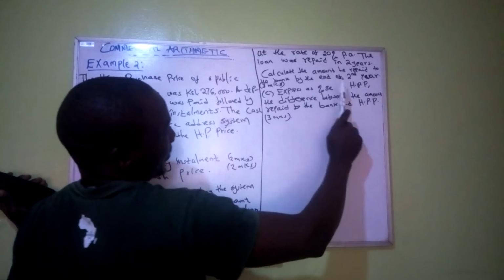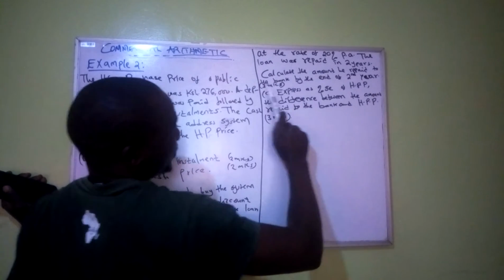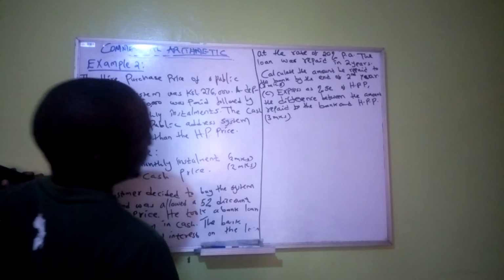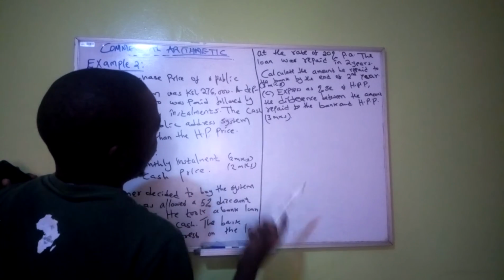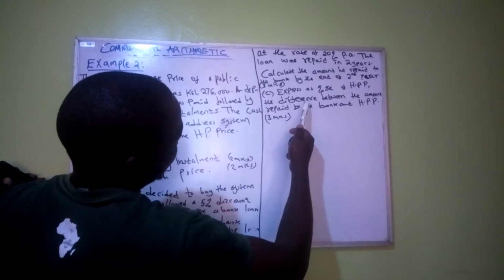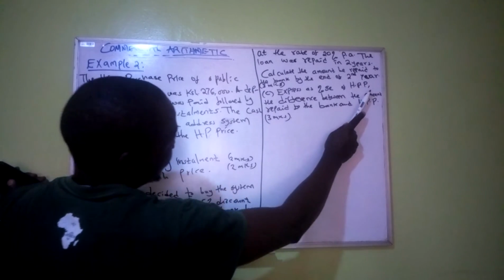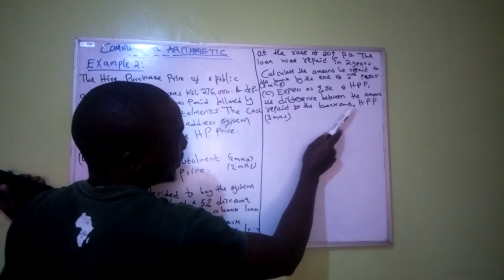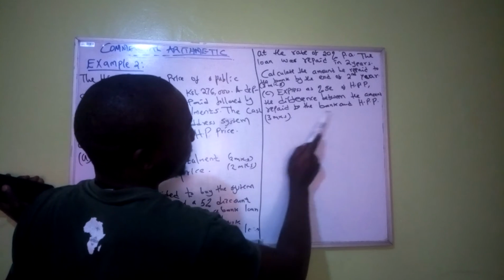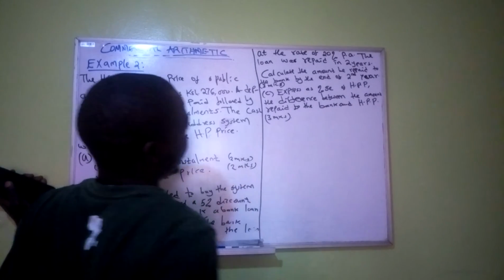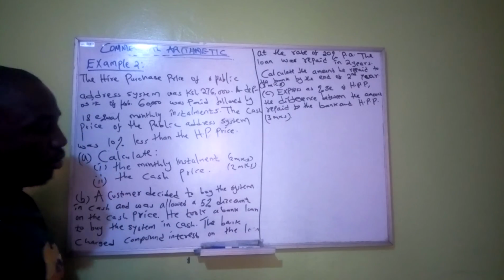Calculate the amount he repaid to the bank by the end of the second year. C. Express as a percentage of the hire purchase price the difference between the amount repaid to the bank and the hire purchase price. That is our question.